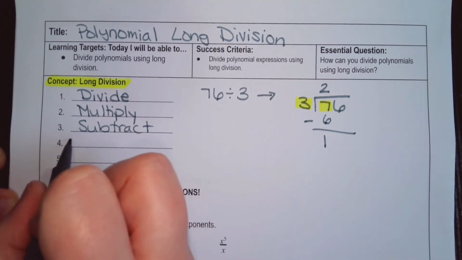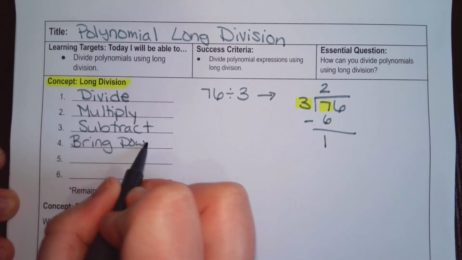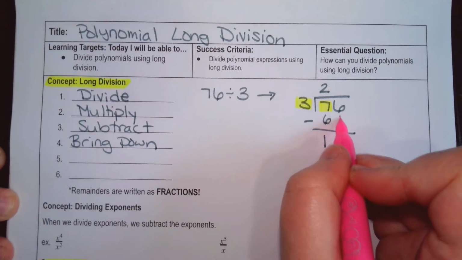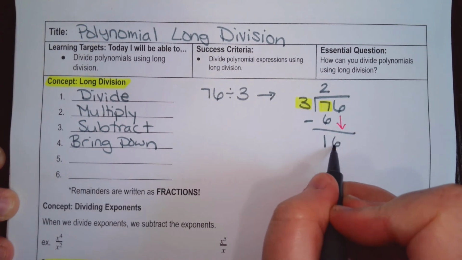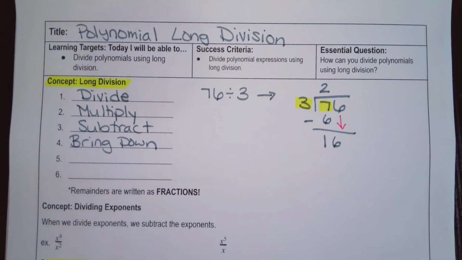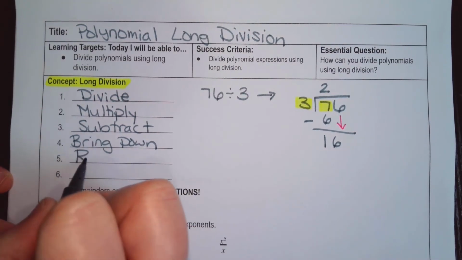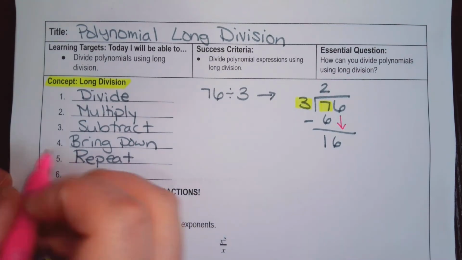And then after we subtract, we bring down. We're going to bring down this 6. And now we have 16. After we bring down, if we still have big numbers, we now go through and repeat the process.